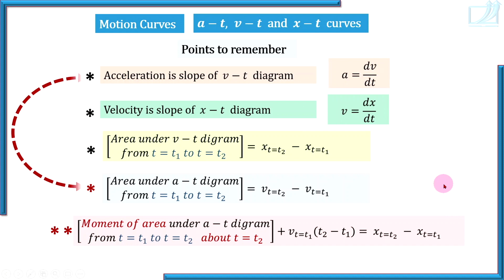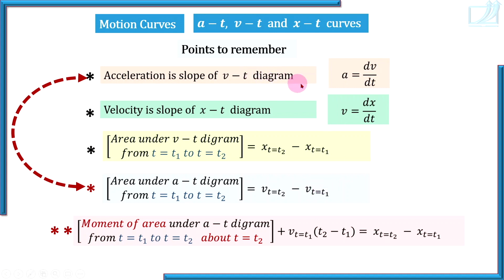Now a very important thing. If I ask you how Vt diagram is related with acceleration, then you should answer me, slope of Vt diagram is acceleration. But other way around, if I ask you how At diagram is related with velocity, then you should answer me, area under At diagram gives change in velocity.